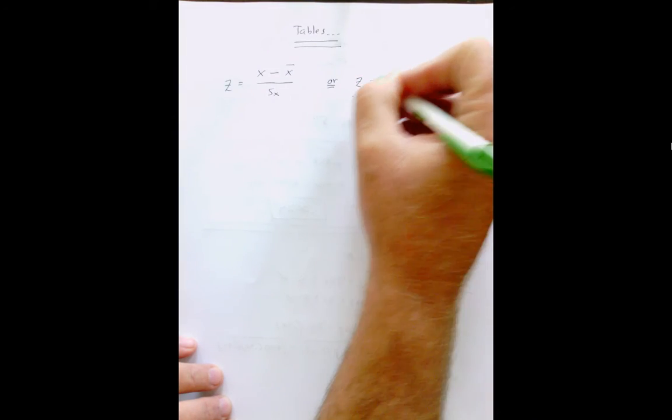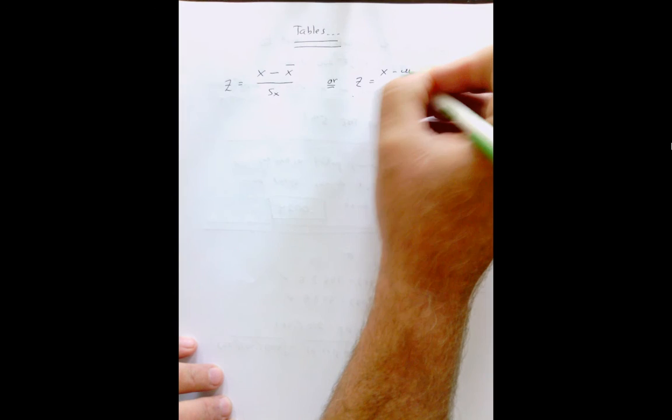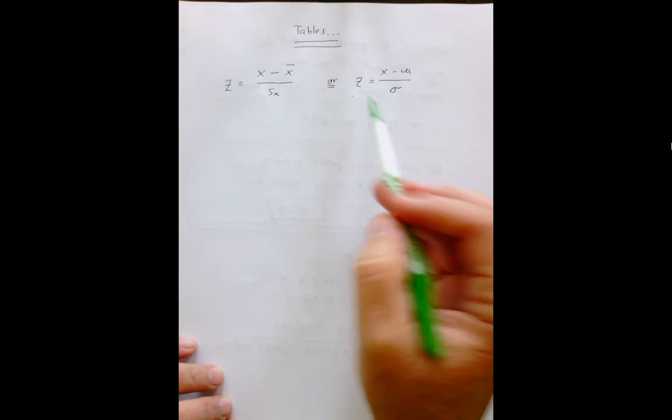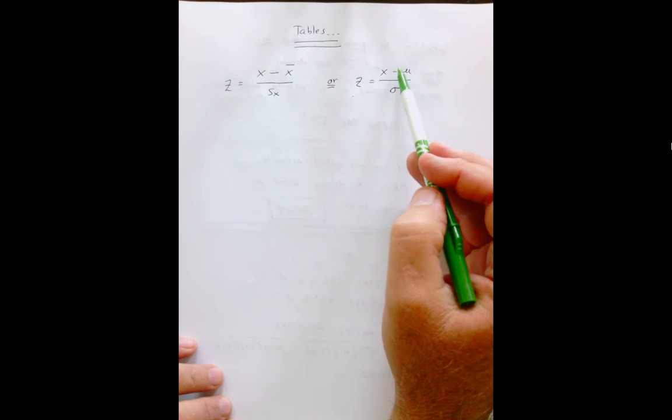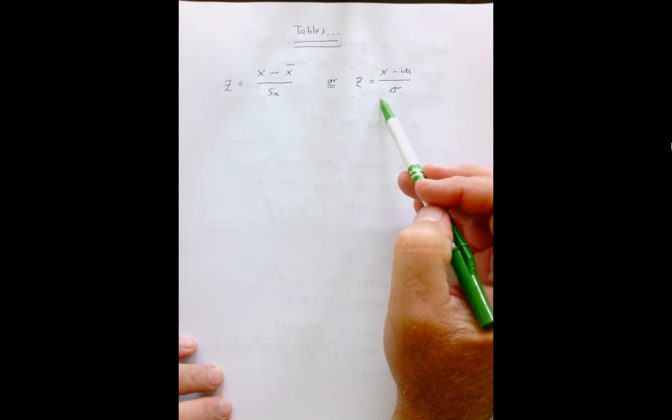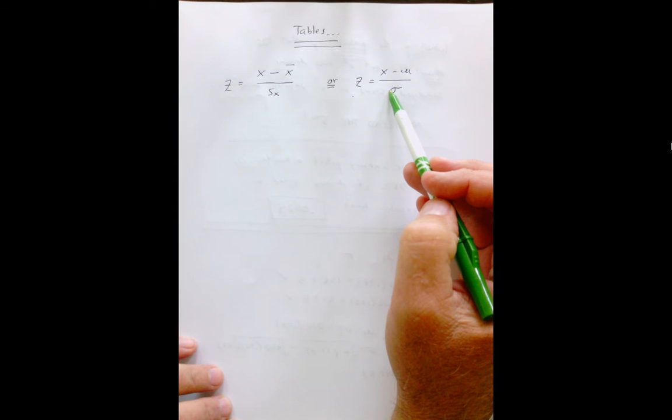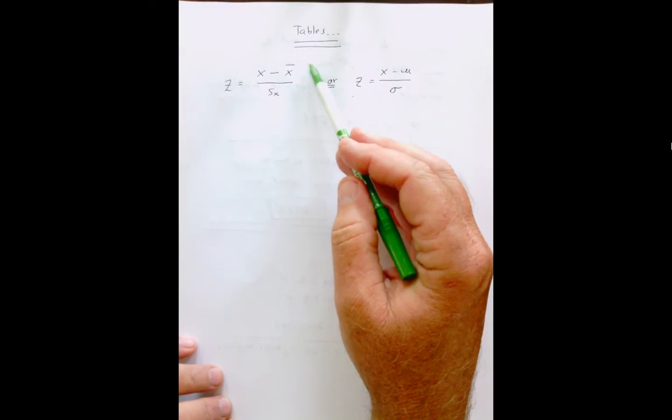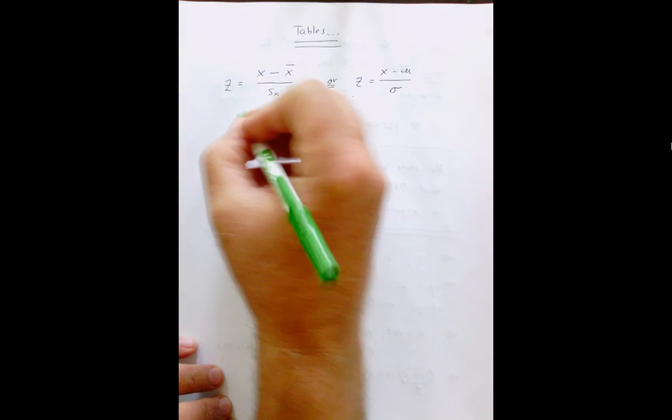If we have a value from a population, then we can calculate the Z-score by taking the value minus the mean over the standard deviation, which are mu and sigma for the population instead of x bar and sx for a sample.